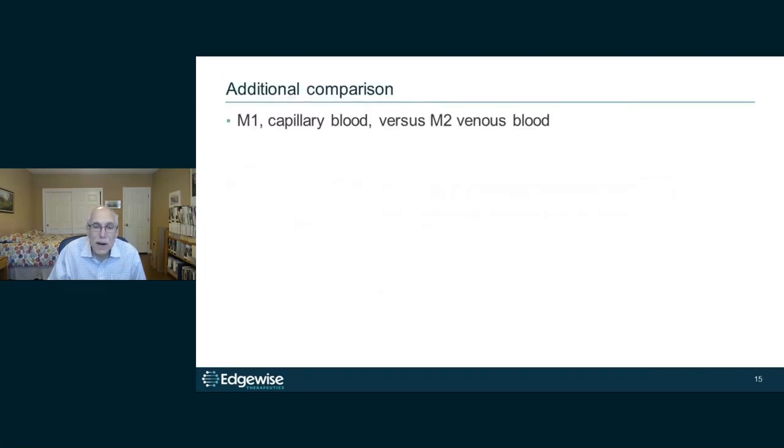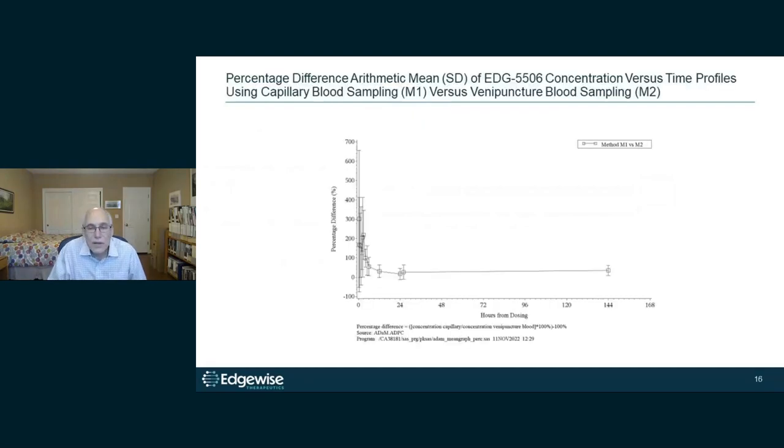The last comparison that we did was capillary blood versus venous blood. And you can see here the difference curve out at the later time points. The difference is going away. It's much smaller than the early time points.